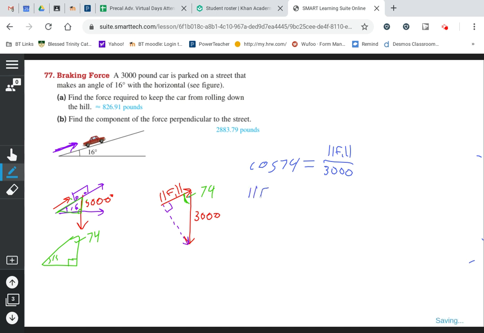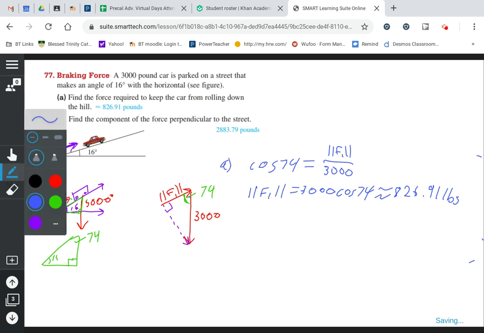So force F1 equals 3,000 times the cosine of 74. And that ends up being 826.91. So there's part A.